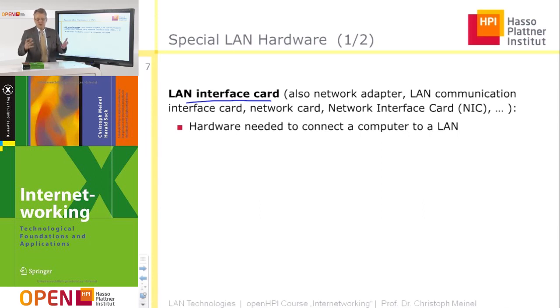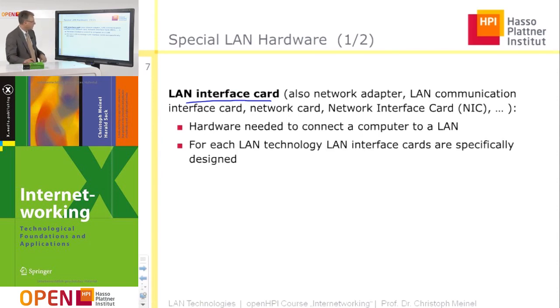It starts, for example, in a wired LAN where a switch fits in, and the LAN interface card takes care that the information the user of a computer wants to send over the local area network is converted into a sequence of signals that may be sent via the network.